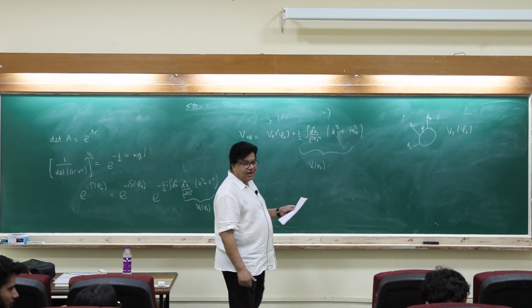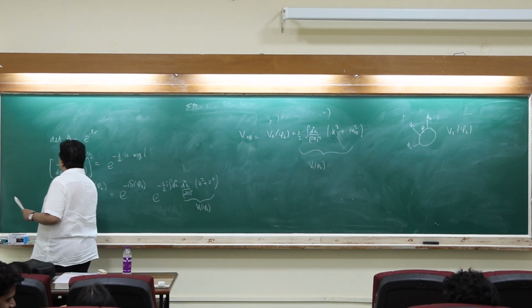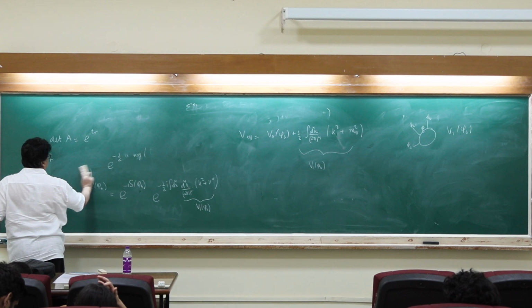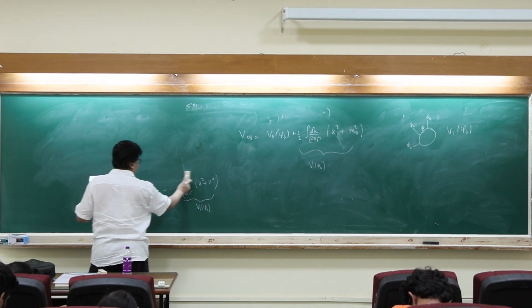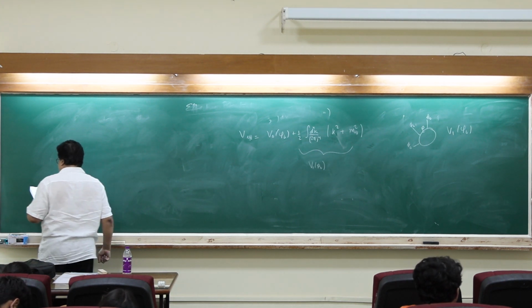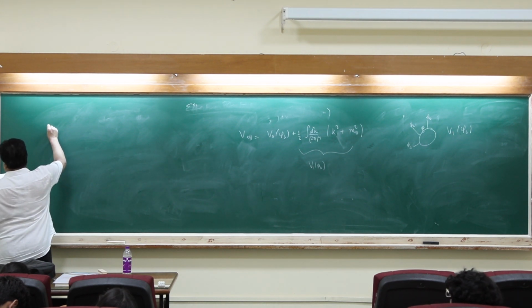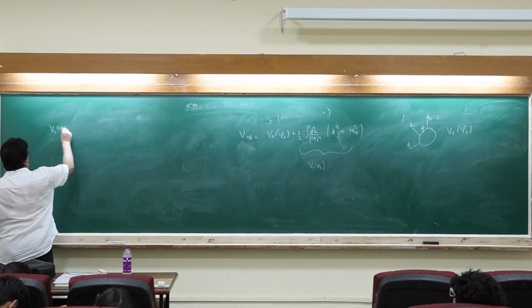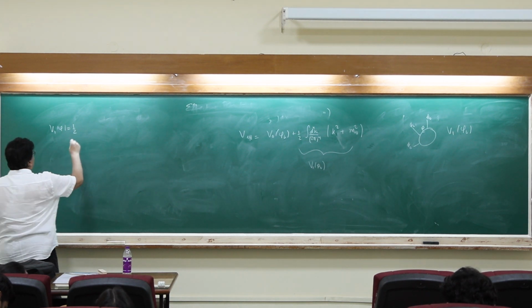I mean, how to isolate the divergence. So we are calculating V1 of phi b.